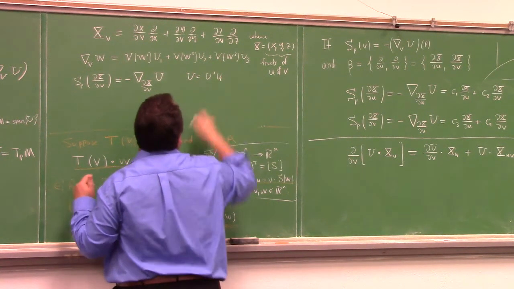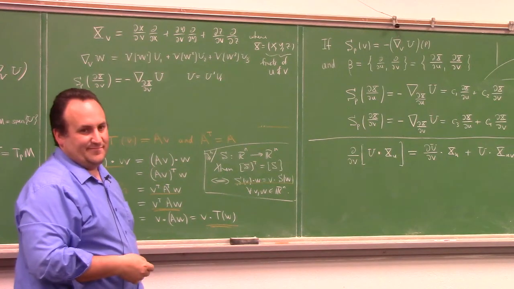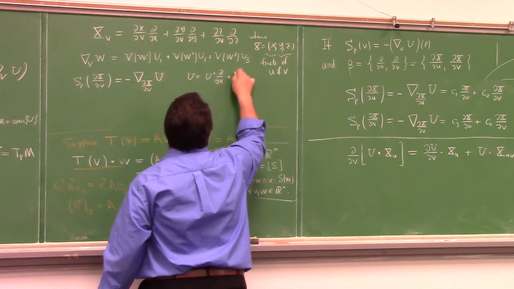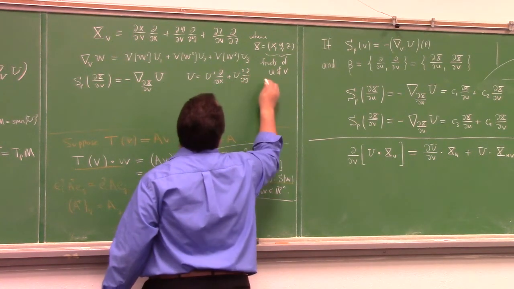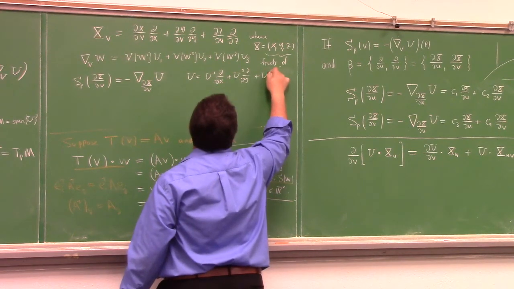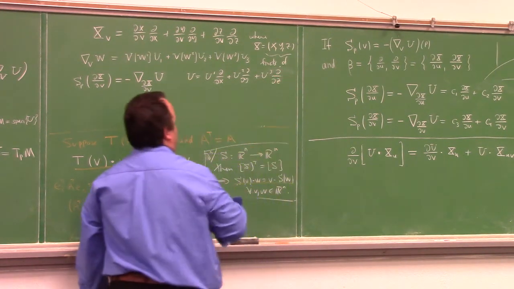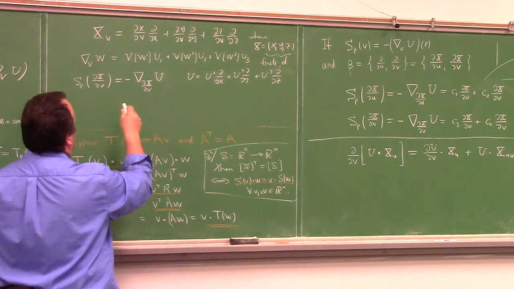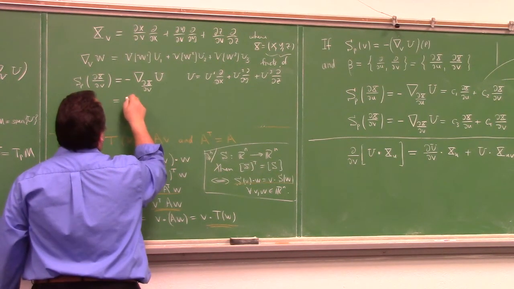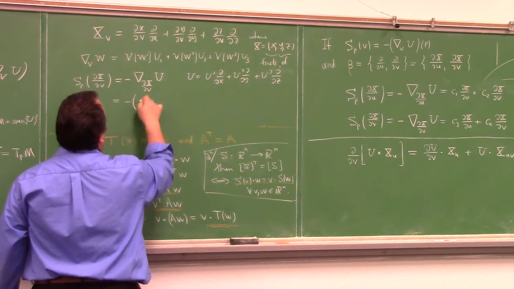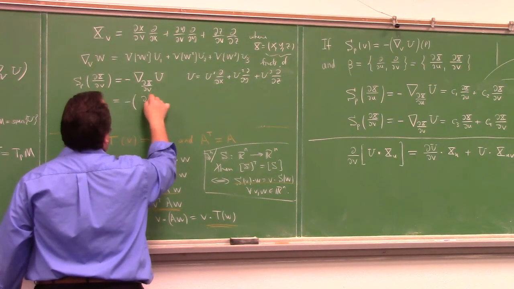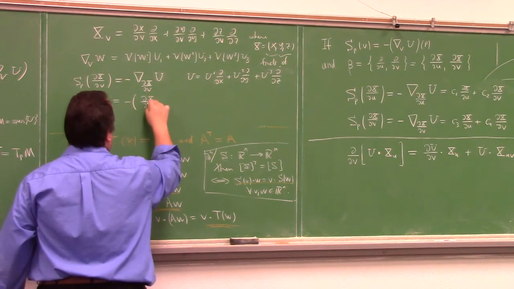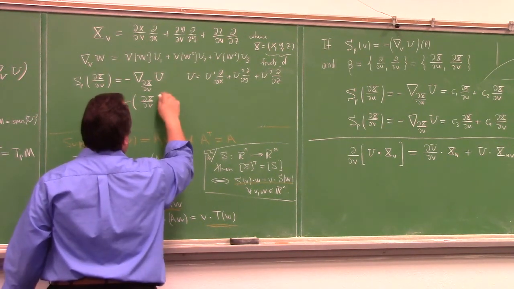This is where the notation is really kind of stupid. I'll write it this way: partial x, partial v acting on u1, just like you said.